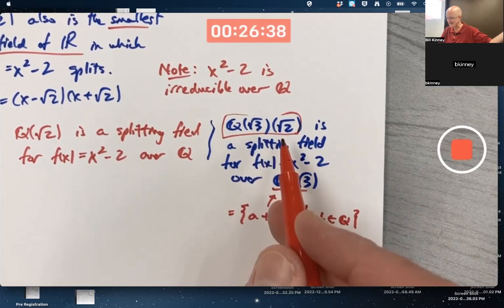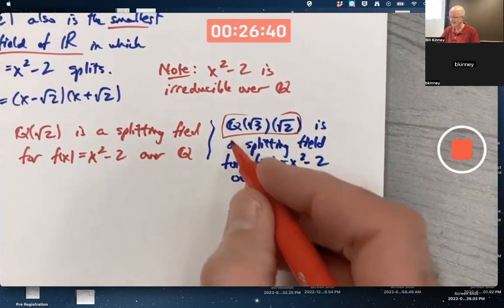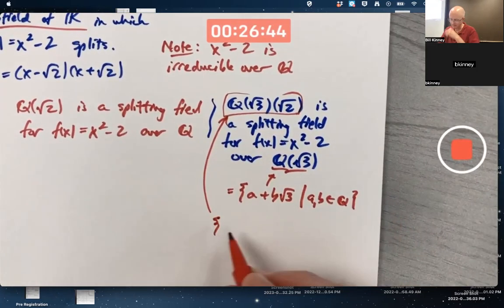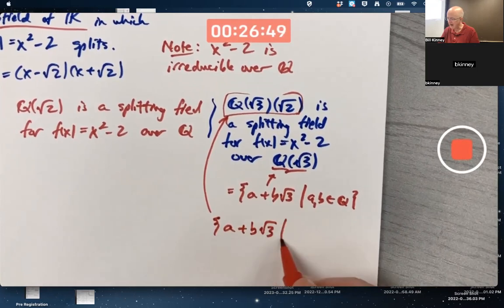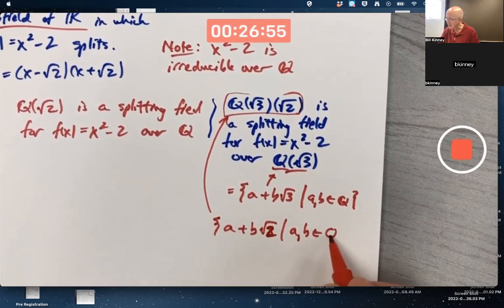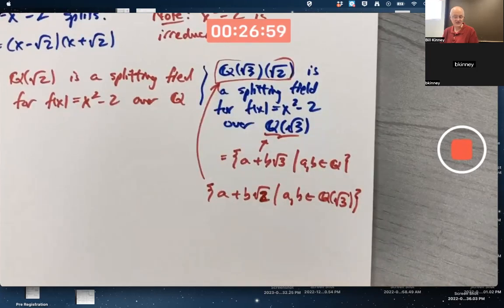What's this? Is it possible that this is the set of all numbers of the form a plus b square root of 2, where a and b are in q adjoin square root of 3? Is that true? It actually is true, yeah.